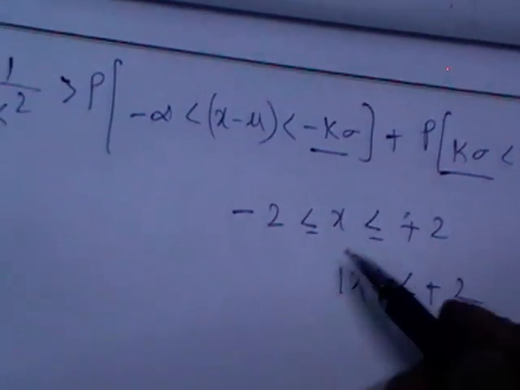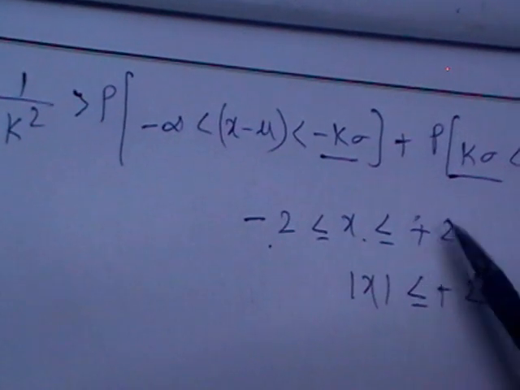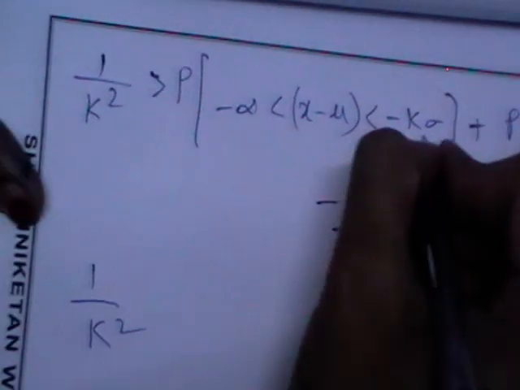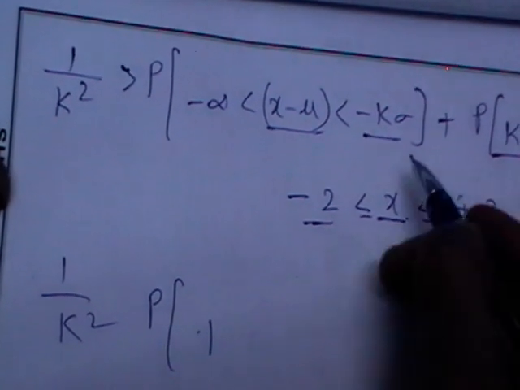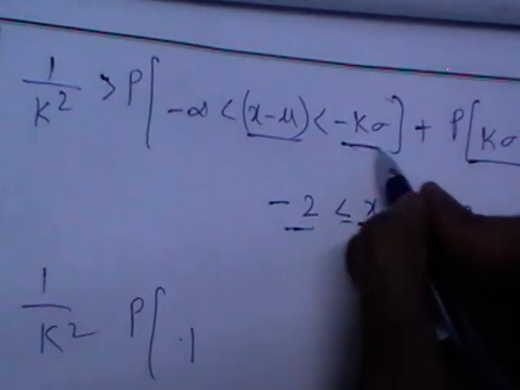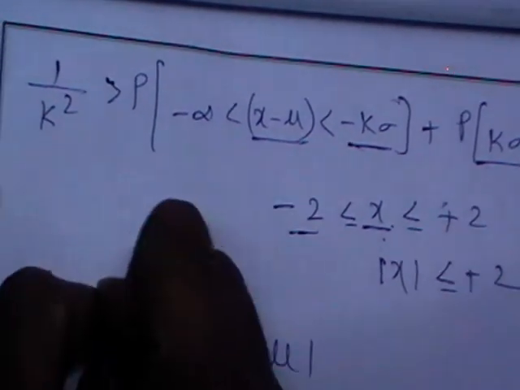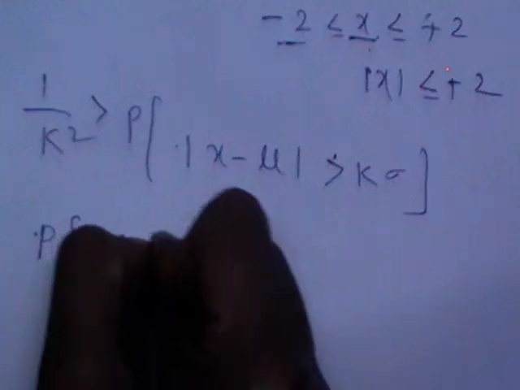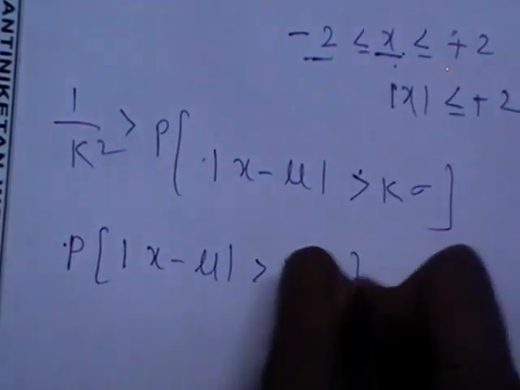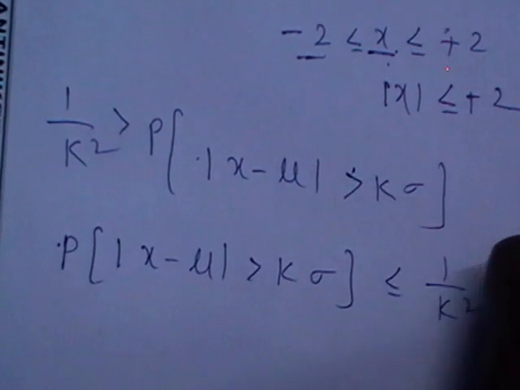By the definition of the modulus function, whenever we have x less than minus a or x greater than a, that is the same as mod x greater than a. So in place of x you have x minus mu, and in place of a you have k sigma, so we can write that as the probability of mod x minus mu greater than k sigma. If you rewrite this, it becomes P of mod x minus mu greater than k sigma is less than 1 by k square, which is nothing but the first inequality to prove, the first part.